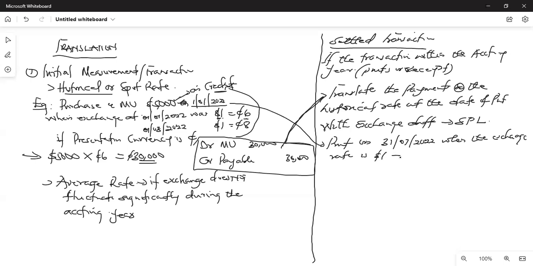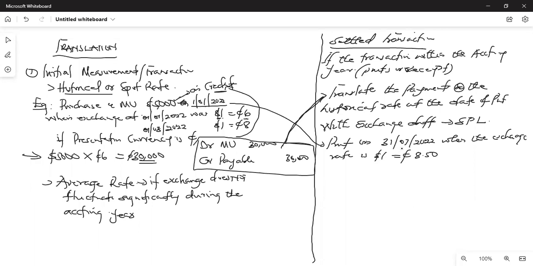It's like $1 being equal to, around June, we had it around, I think 8. So let me use 8.50. Okay, so $1 is equal to 8.50 Ghana cedis.